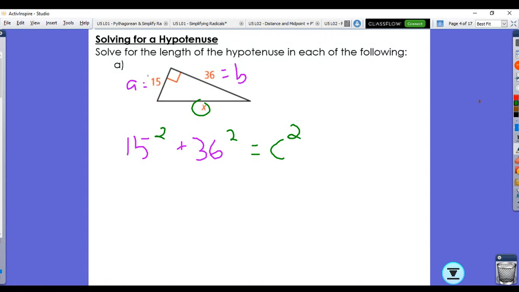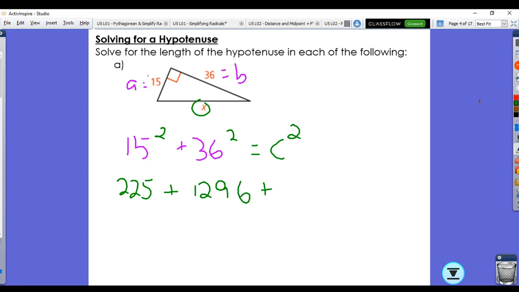So if we square these numbers, we're going to end up with 225, okay? 225 plus, if we take 36 and we square 36, 36 times 36 gives me 1,296.